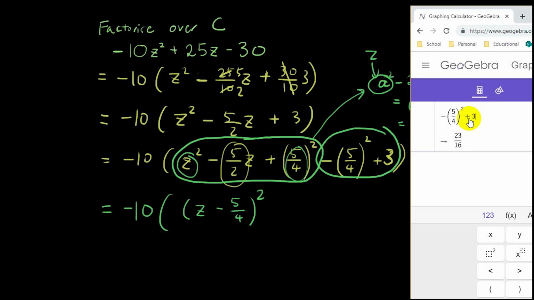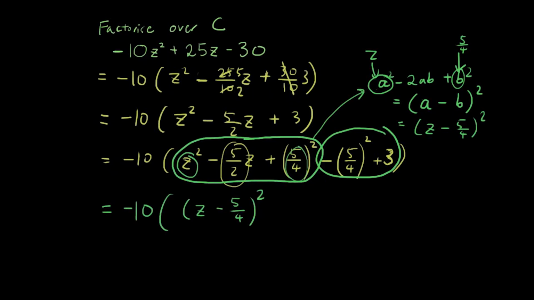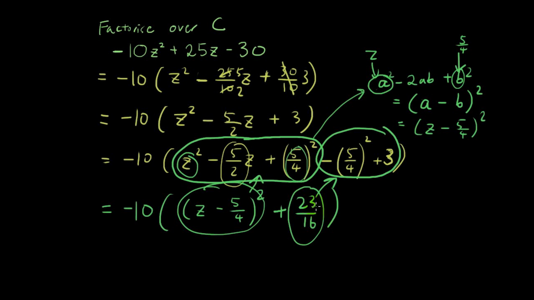And that's 23 over 16. So plus 23 over 16. Okay, so this number just matches that part, and this number matches this part. So it's all very clear.